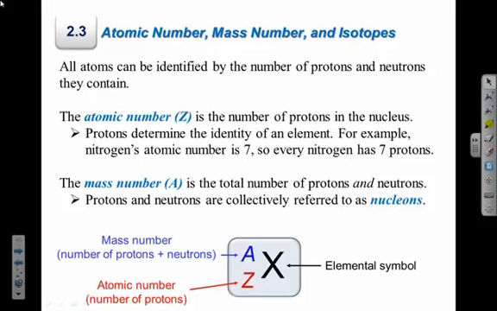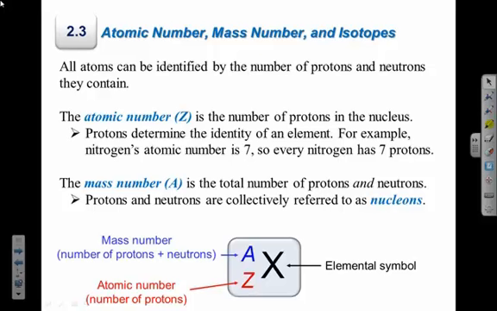However, the mass is important. The mass number, which is the sum of the protons and neutrons combined, does vary for an individual element. So not all atoms of chromium have the same mass. All atoms of chromium have the same number of protons, but they don't all have the same mass.